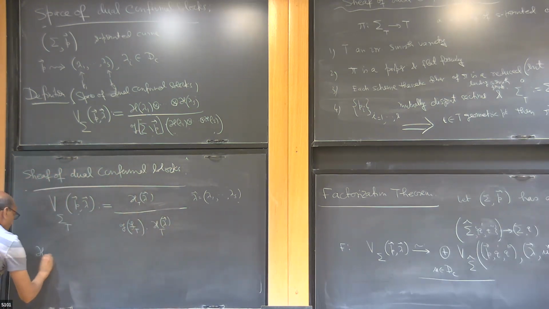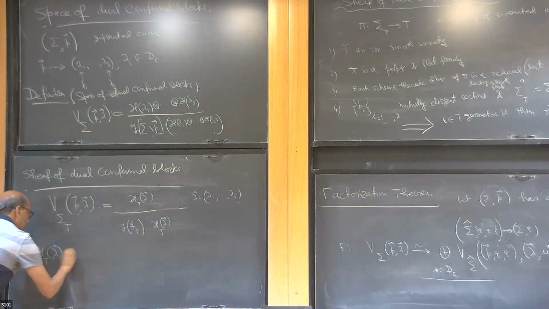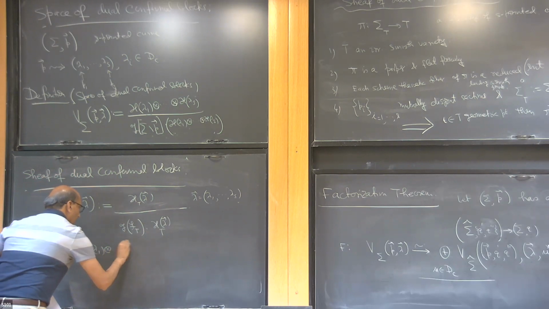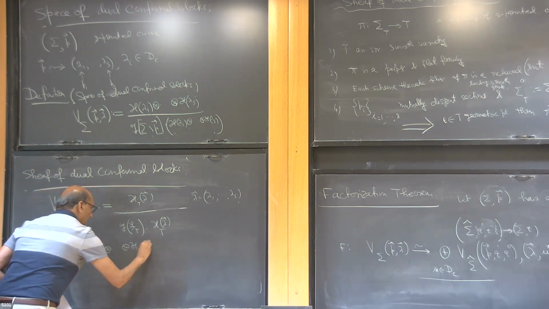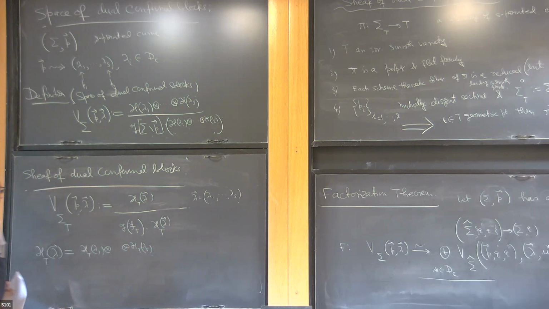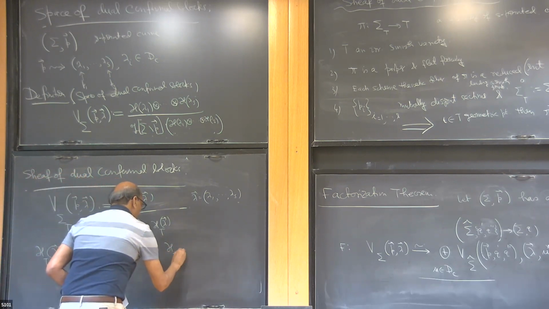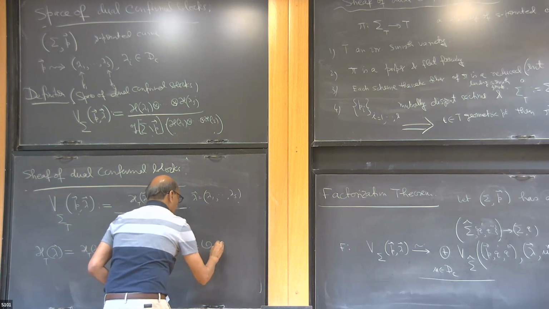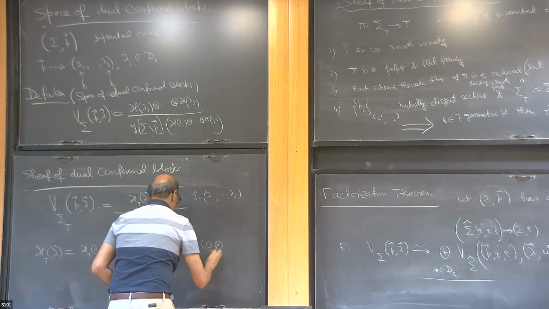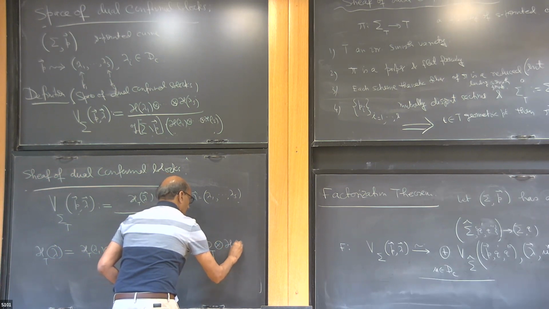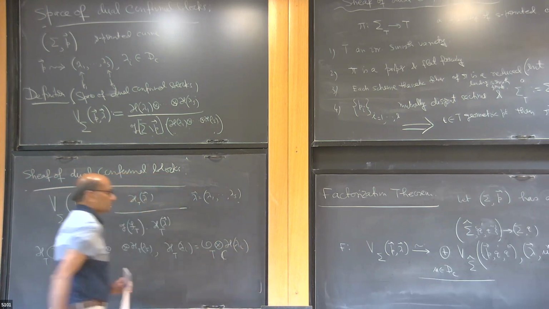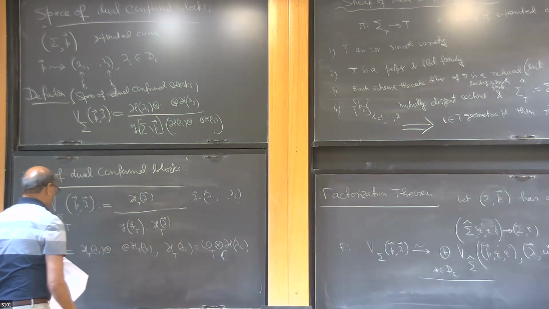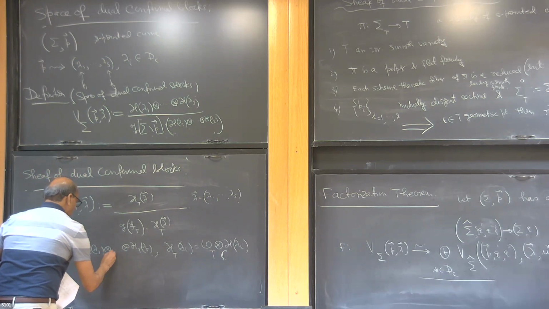So H_T of lambda is nothing but H_T lambda_1 through H_T lambda_S, where H_T of lambda_i is nothing but you take the structure sheaf of T and you take H of lambda_i over complex numbers. So that's the sheaf. Here I take the tensor product, and of course the tensor product is over O_T.